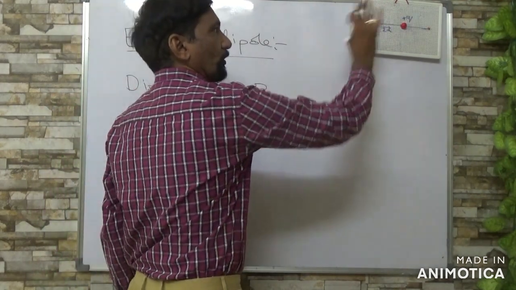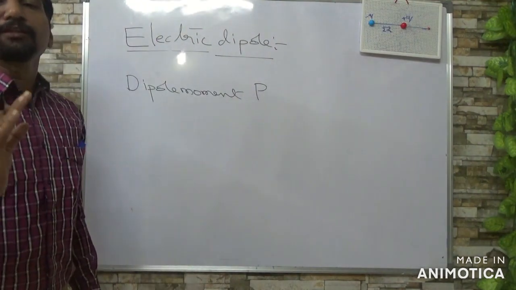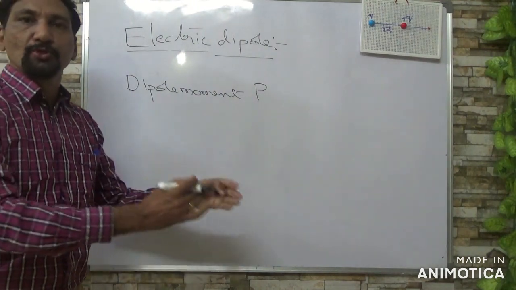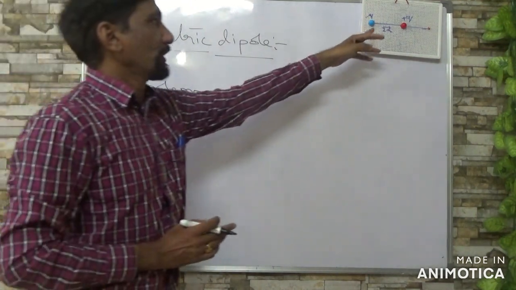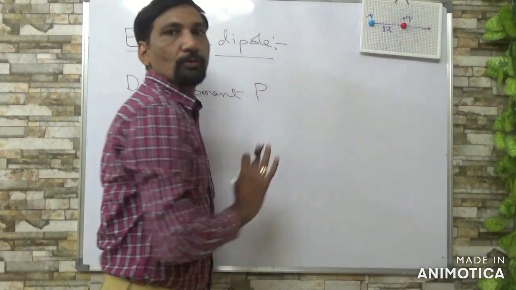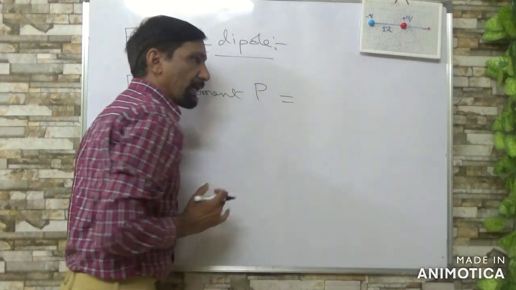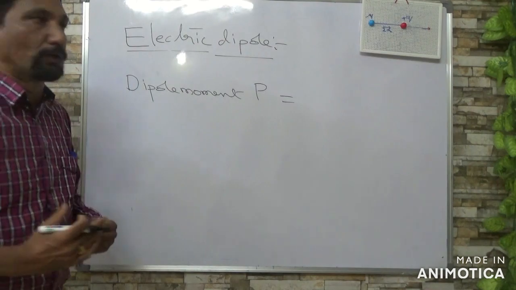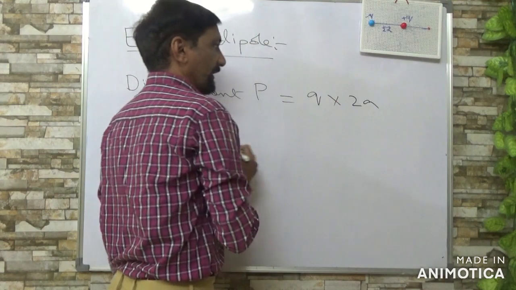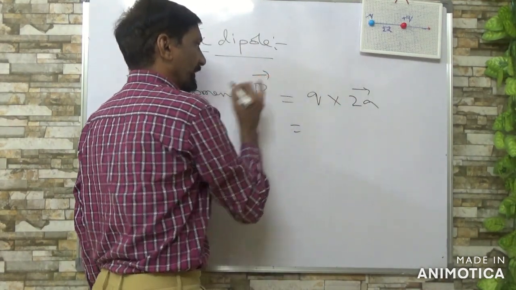So the product of either charge and length of the dipole. Length means the distance from negative to positive or positive to negative. That distance is denoted by 2a and the charge q. So dipole moment is measured as the product of either charge into length of the dipole. It is also a vector.